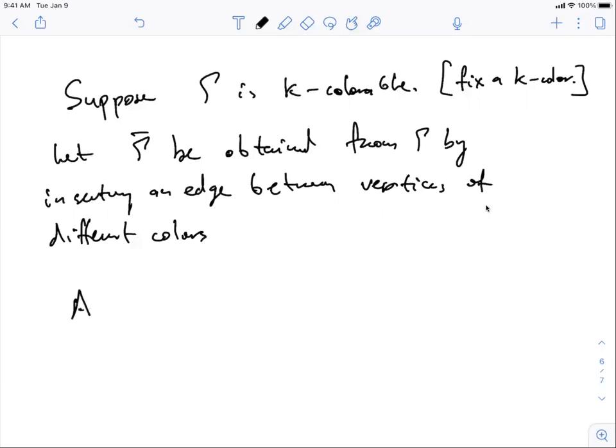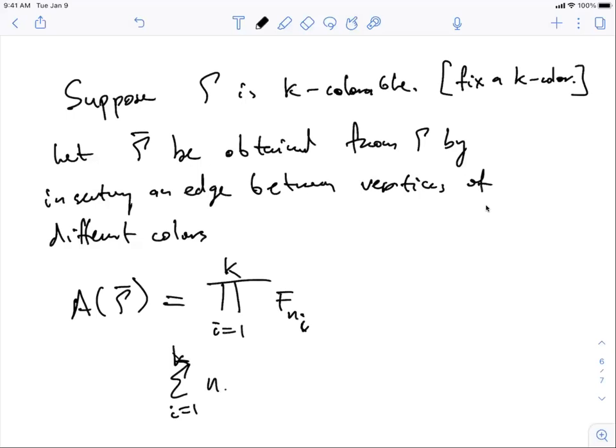So A of gamma bar is a direct product of free groups of rank n sub i, and you have that the sum of n sub i is equal to the number of vertices.